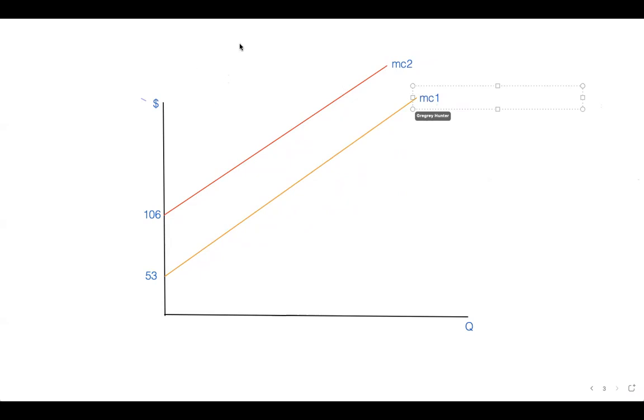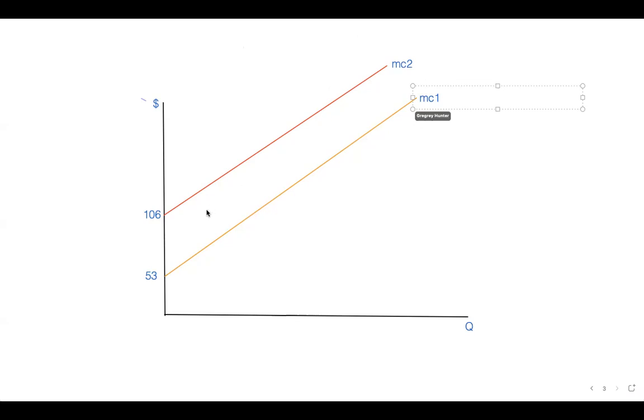Now we'll illustrate the other function, which is the joint marginal cost function, assuming that they both always produce.